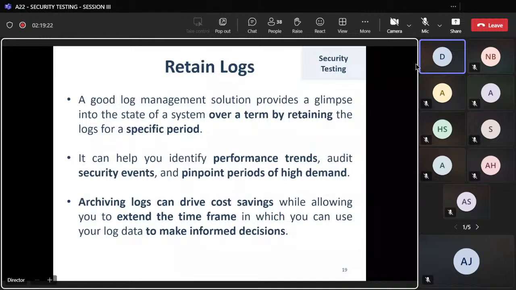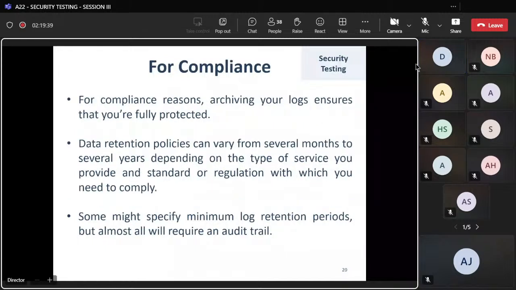There is no need to keep the logs in the live service. You can archive those logs and keep them in the non-production environment. And if there is a requirement, you can fetch those logs. For compliance reasons, archiving your logs ensures that you are completely protected.